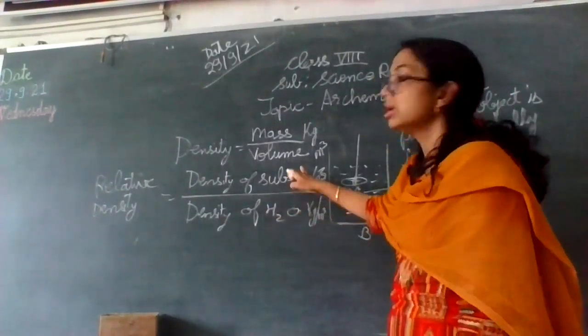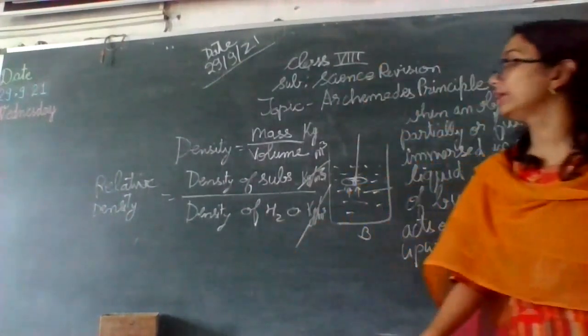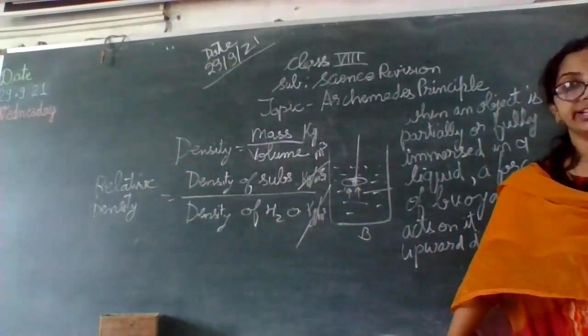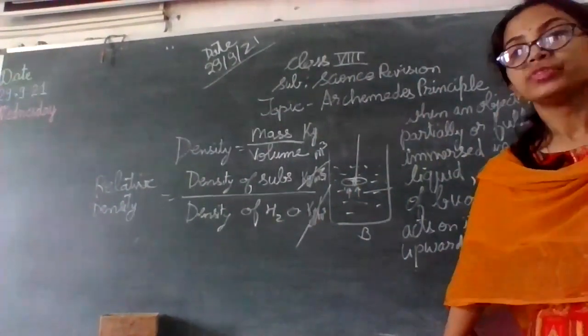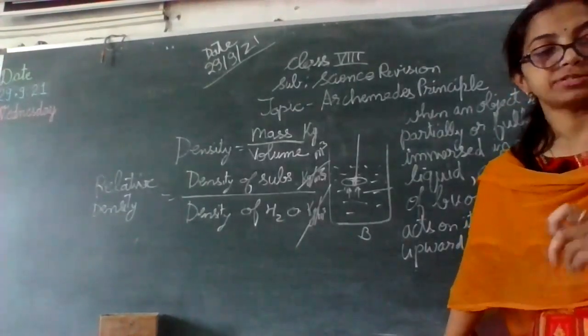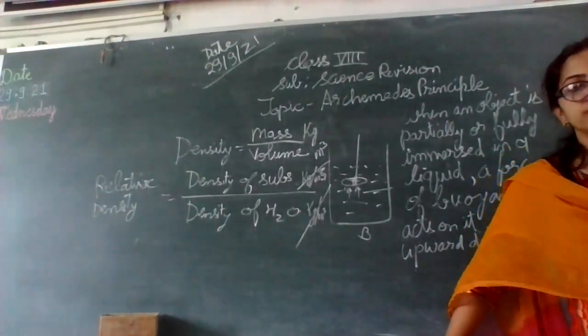But when they are divided by each other, the units cancel, and therefore relative density is never going to have any unit. That you have to remember always. Otherwise, your answer will be wrong. Relative density of a substance is also called specific gravity.